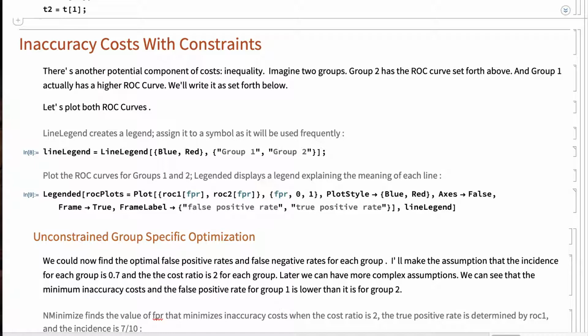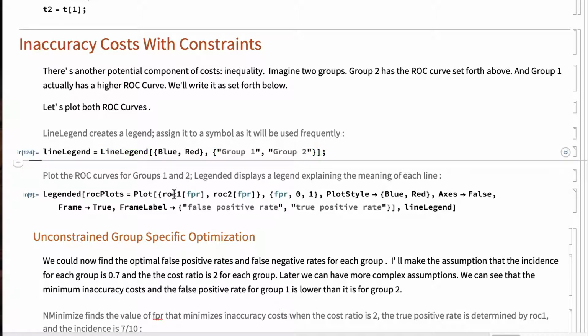Maybe we feel it's unfair, for example, for two groups with the same incidence to have different true positive rates. That means that people who are equally qualified will not be classified as positive at the same rate. So let's explore some of these constraints, and I'm just going to give us some basic code to begin with. This is going to create a little legend. I'm going to keep using that legend, so I assigned it to a variable.